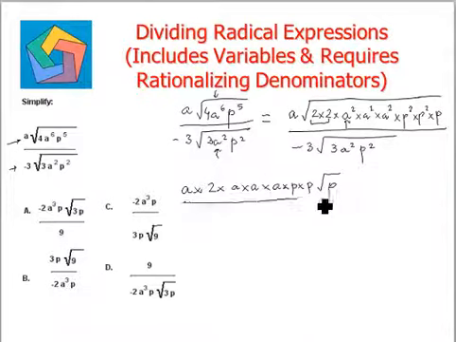In the denominator we have negative 3, the a square comes out as a, the b square as b, and inside we are left with square root of 3.